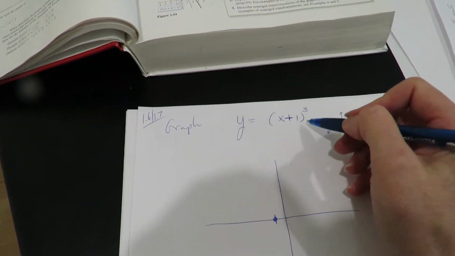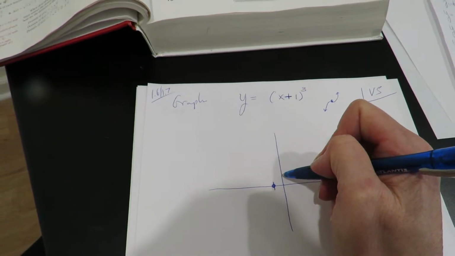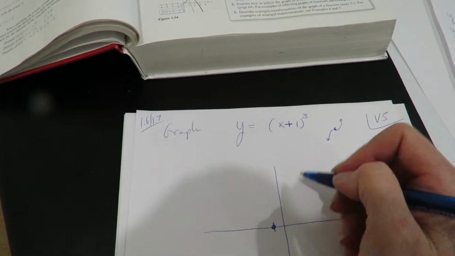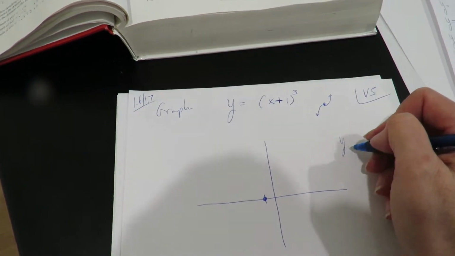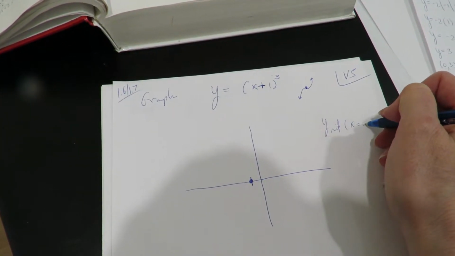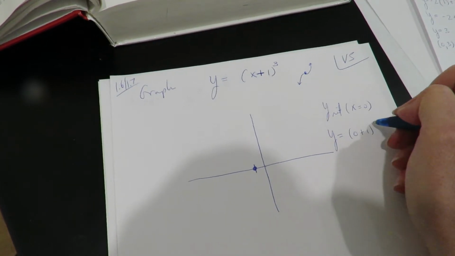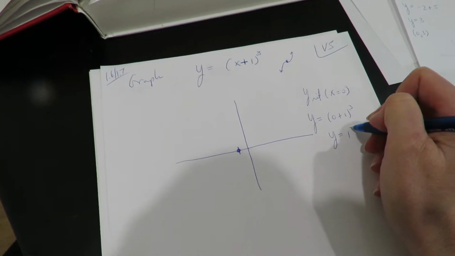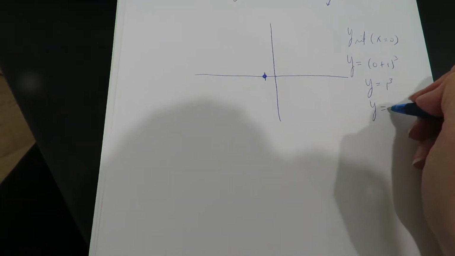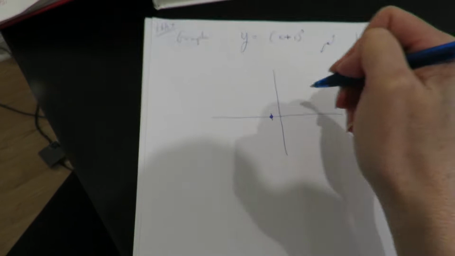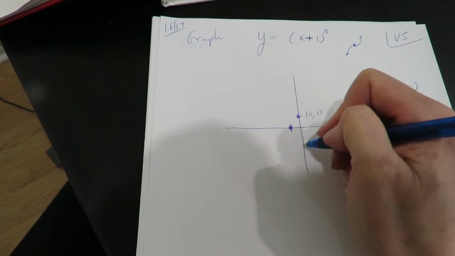So all you have to do at this point is get a point up here to the right and a point to the left, and just draw it. If I find the y-intercept and I let x equal 0, I'll get the point (0, 1).